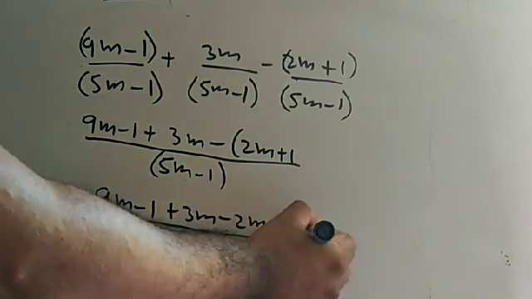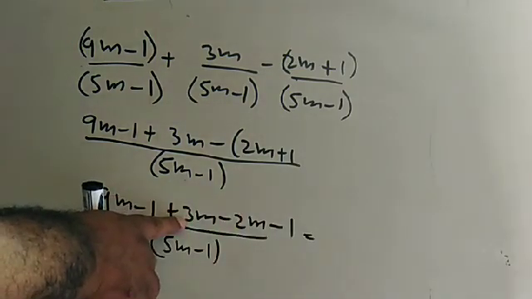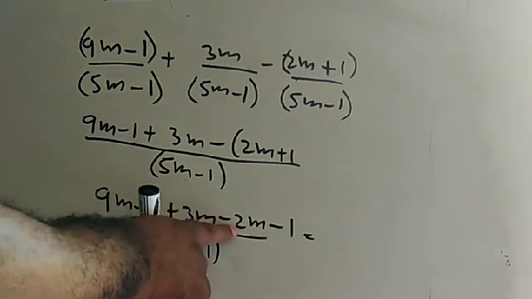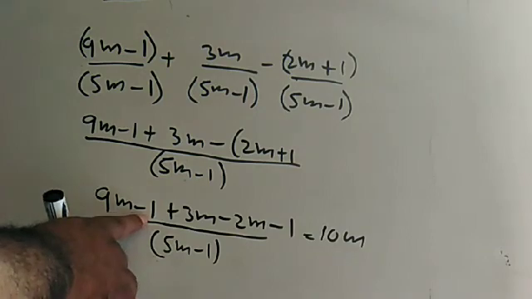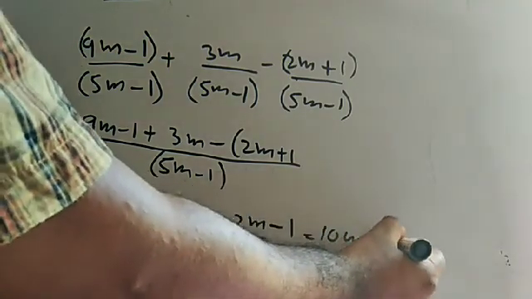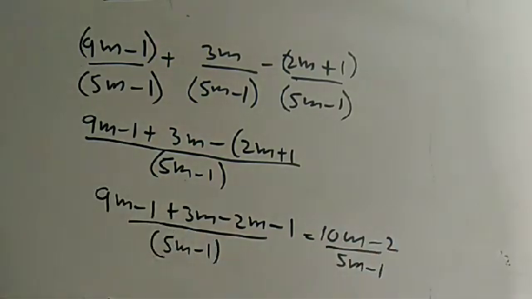Then we can simplify. 9m plus 3m, 12m, minus 2m, 10m, minus 1 minus 1, minus 2 upon 5m minus 1. Right, can you see?